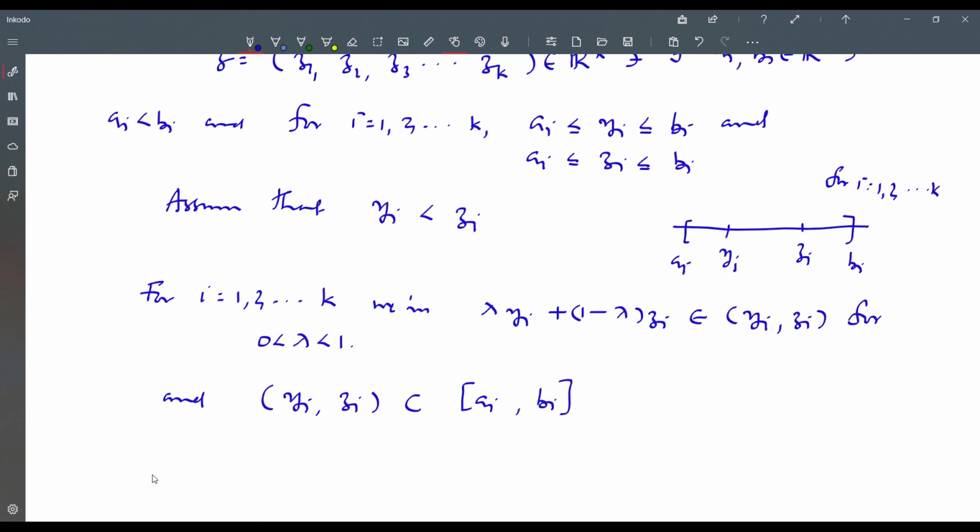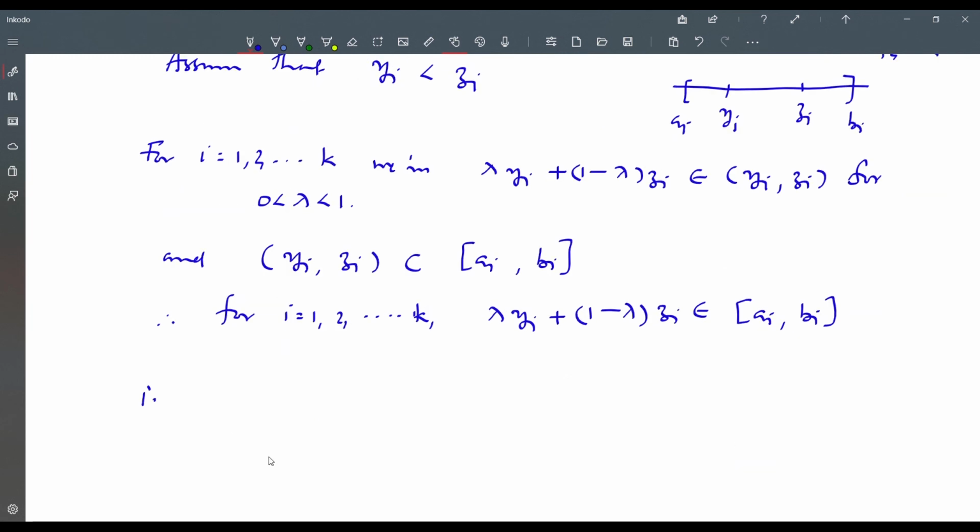Therefore for i = 1, 2, ..., k, λyi + (1 − λ)zi belongs to the interval [ai, bi]. That is, for i = 1, 2, ..., k, ai ≤ λyi + (1 − λ)zi ≤ bi.